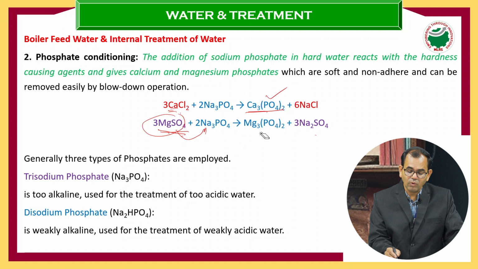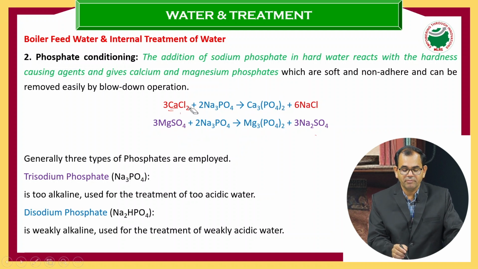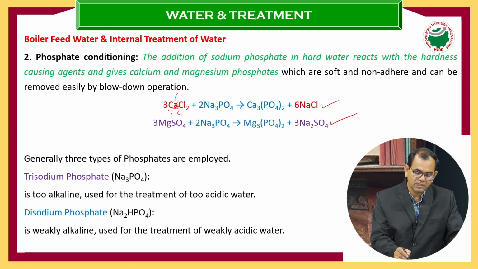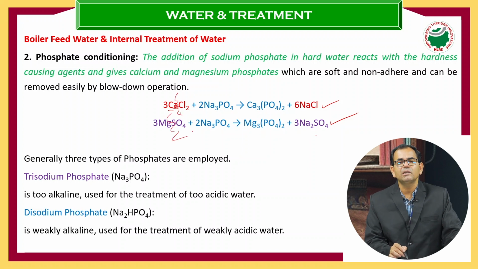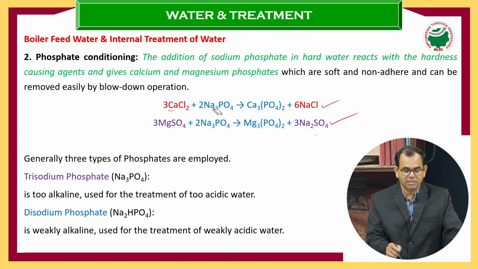So the permanent hardness causing salts, calcium chloride and magnesium sulfate, have been converted into calcium phosphate and magnesium phosphate, and the byproducts are sodium chloride in the first case and sodium sulfate in the second. With that, the permanent hardness causing salts are completely dissociated and removed from the boiler feed water.